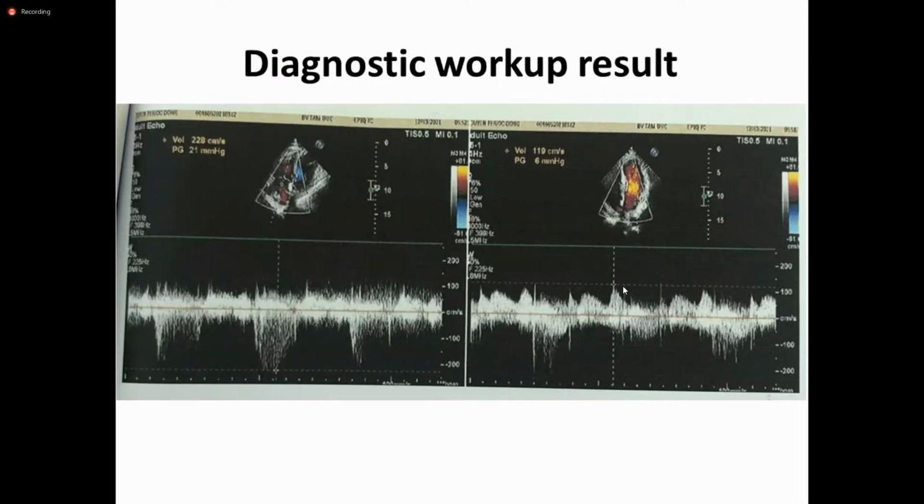Of course, if you do an MSCT and find 60% stenosis, it means the patient has coronary artery disease. However, is there any link between this symptom, when the patient was admitted to the hospital, and acute coronary syndrome or not? We cannot make a decision on the MSCT in this situation.